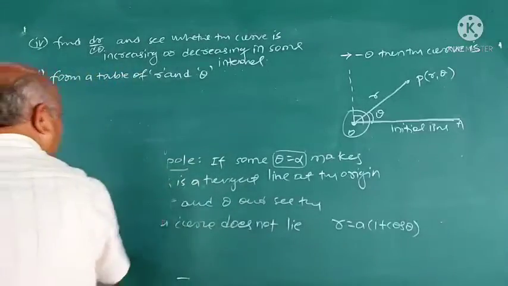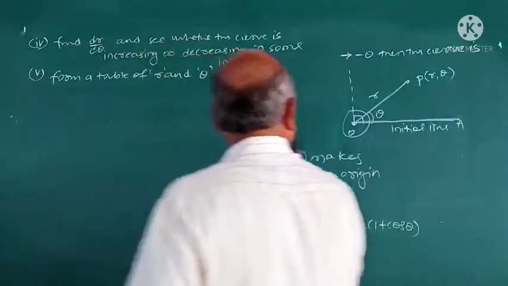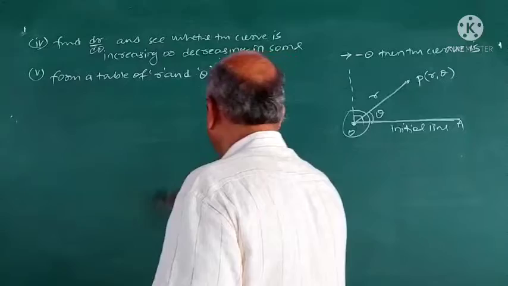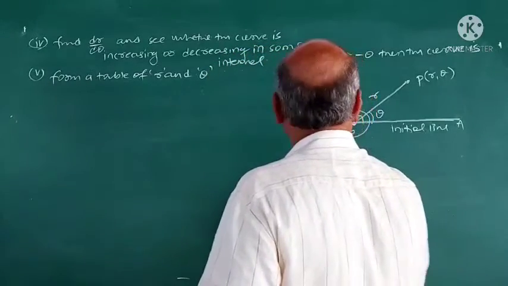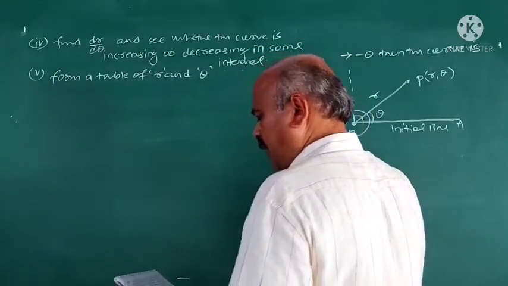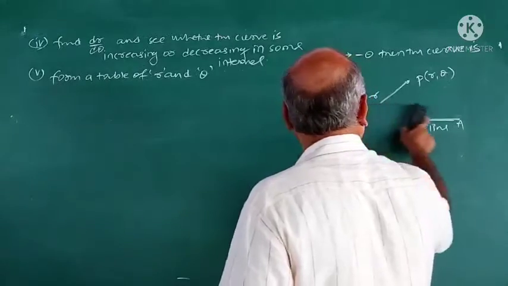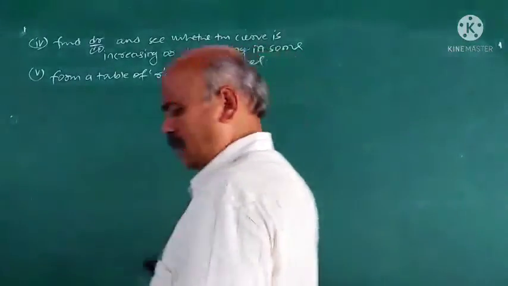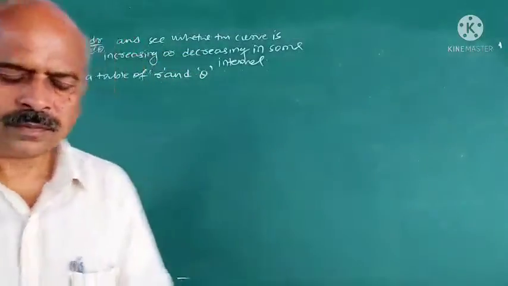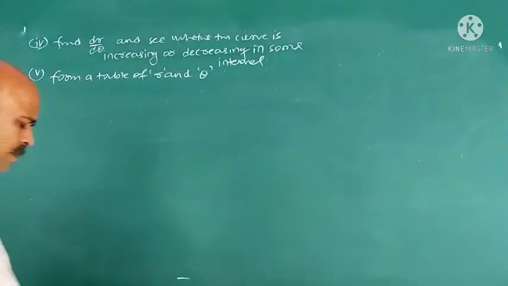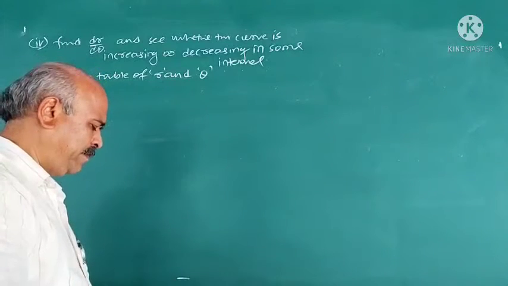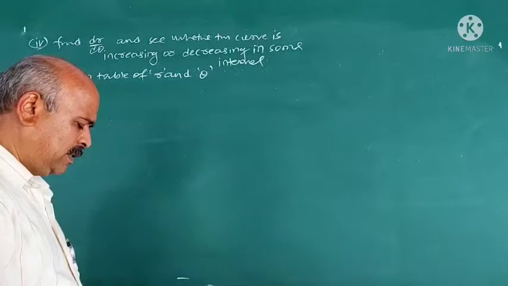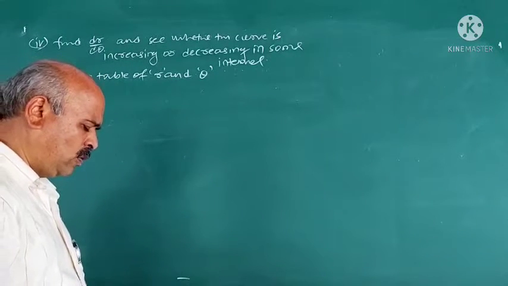What are they? First is symmetry. Second is tangent line at the pole.